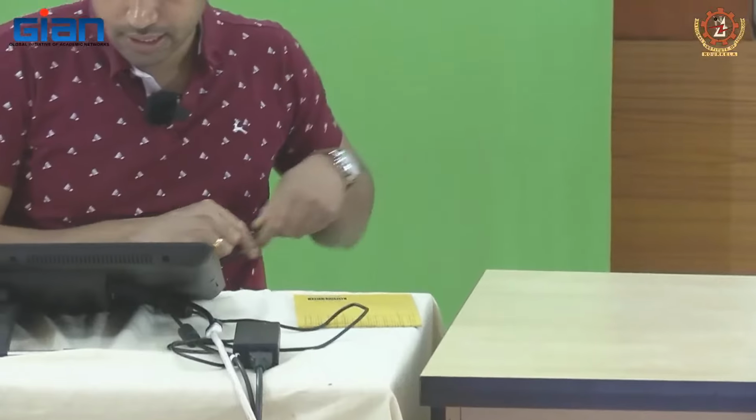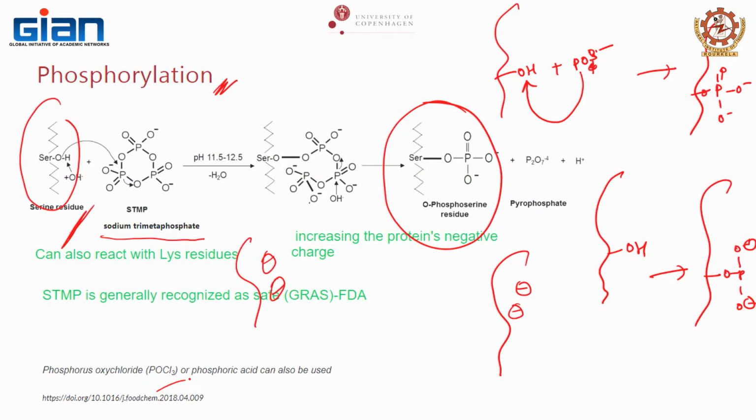Okay. Instead of that, you can also use phosphorus oxychloride or phosphoric acid to modify the protein. But please note that you are not only modifying serine residues, lysine can also react in exactly the same pathway. Lysine is an essential amino acid, so modification can compromise the nutritional value.